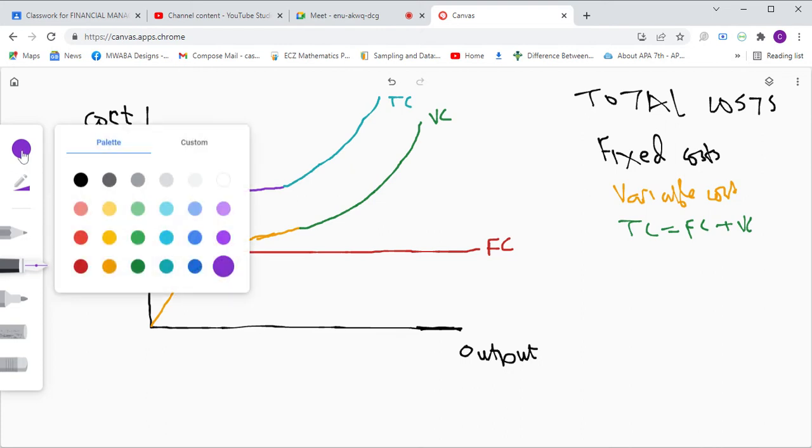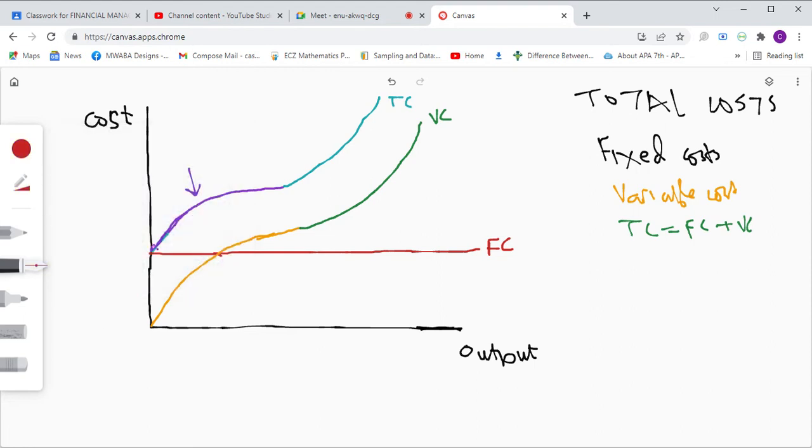Actually, they're increasing at a decreasing rate. All right. If you look at the slope, the slope is getting flatter. We have a slope here, another slope here, another here. As you can see, the slope is getting flatter.